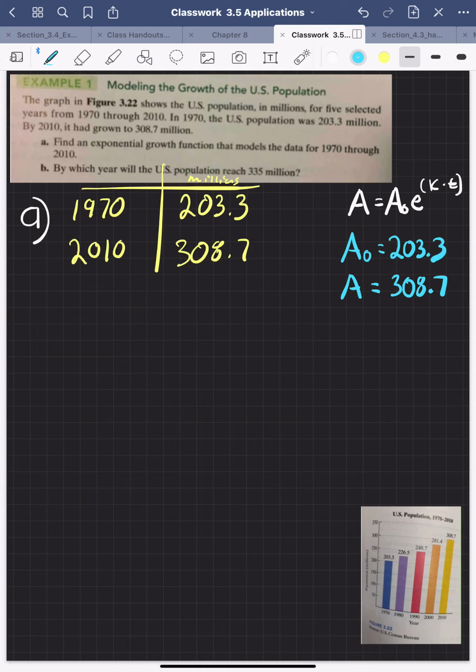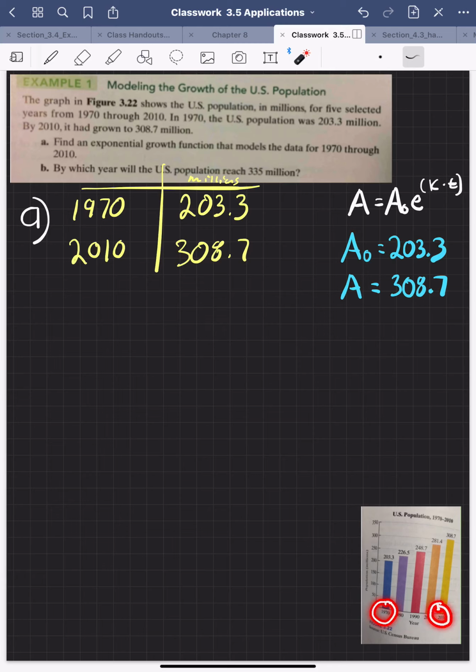Okay, now, what else would we need? Well, remember, the e is not a variable, right? That's our base. The question is, do we have k or do we have t? Well, t is time in years, and we know how many years have passed from 1970 to 2010, right?